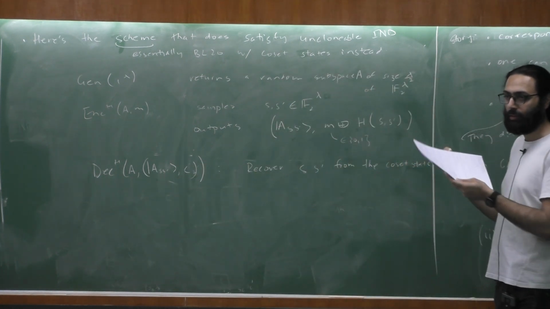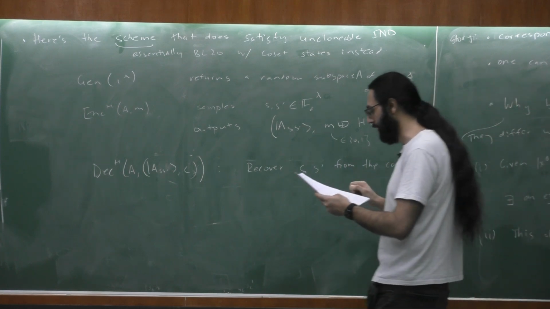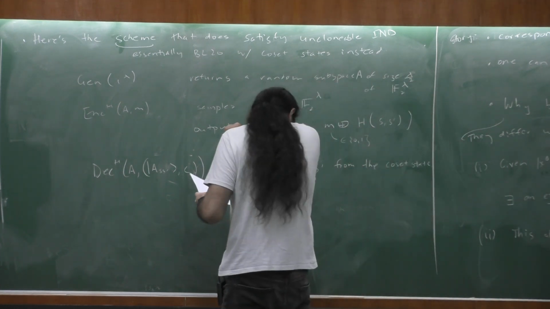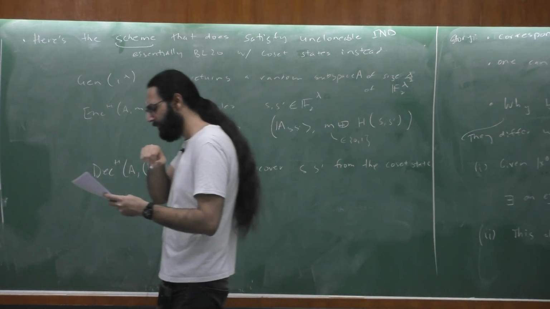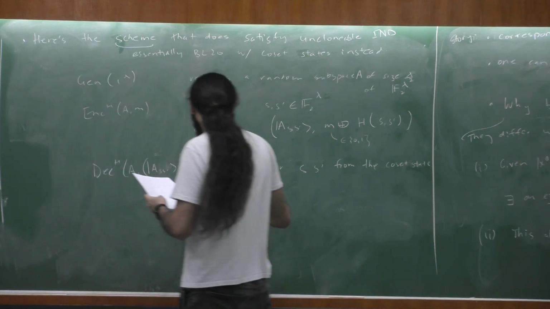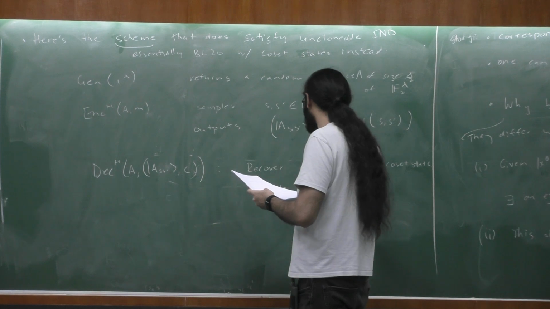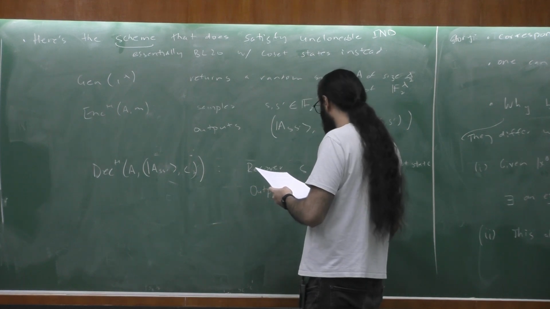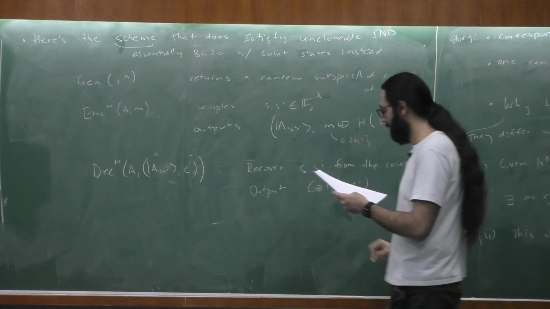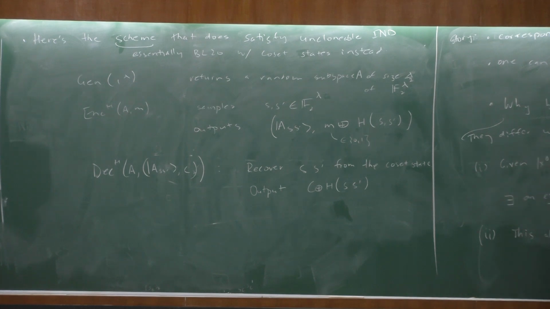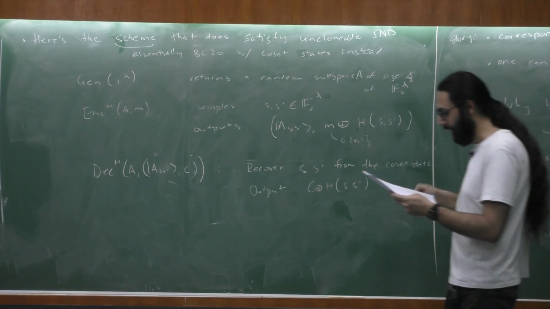Like we pointed out, it's a poly-size subspace in an exponentially big space. Then you output C XORed with the random oracle acting on S, S prime, right? So you will recover your state.